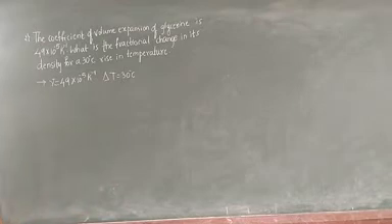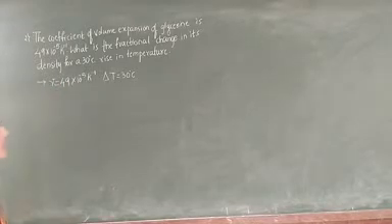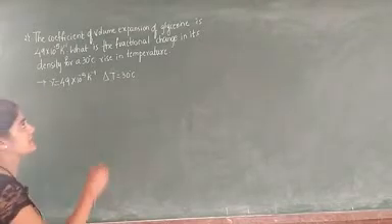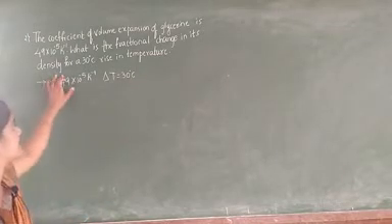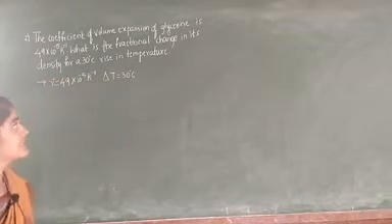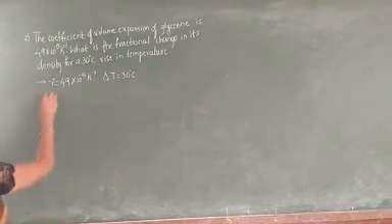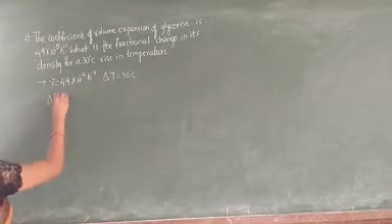Here they have given that the coefficient of volume expansion of glycerin is 49 into 10⁻⁵ per Kelvin, and they have asked for the fractional change in the density. We are considering delta T is equal to 30 degrees Celsius. Here we have to find the density change, delta rho, which is equal to question mark.